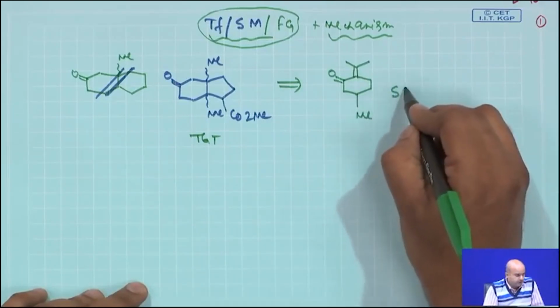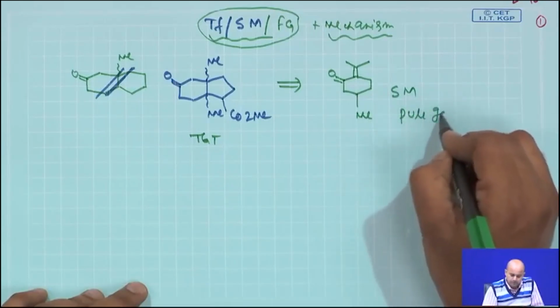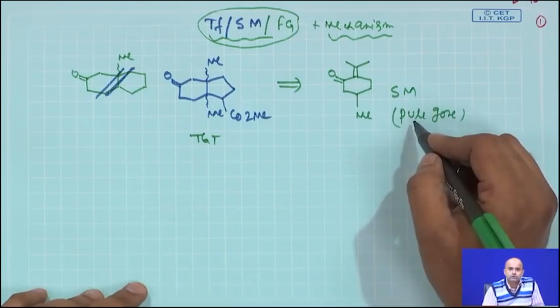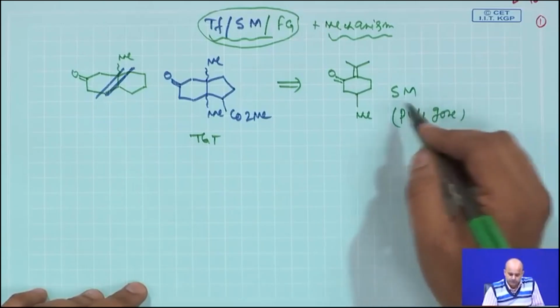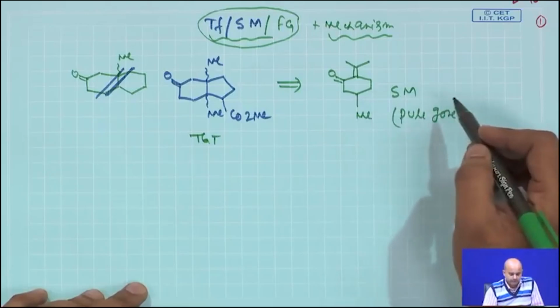This starting material is named polygodial, an easily available raw starting material or raw feedstock. It is a C10 terpenoid.